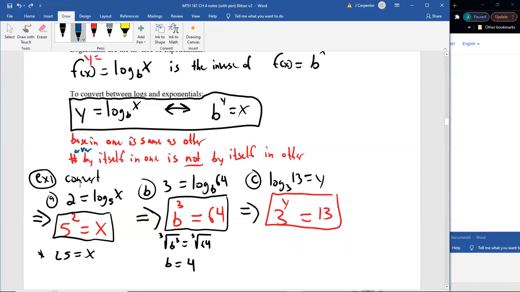In fact, this is just to practice converting, but this right here is actually an answer because it says y equals log base 3 of 13 is a number that by doing something you can put it in your calculator. I'll have to teach you that later because traditional calculators can only handle logs with bases of 10 and with bases of, spoiler alert, e.